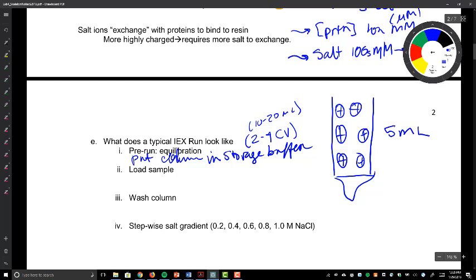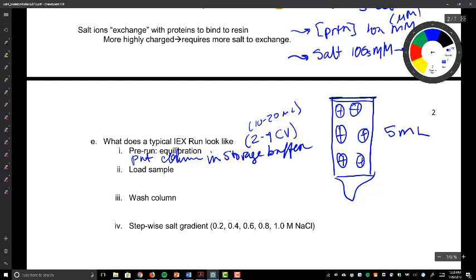At this point, you also have to make sure when you're washing the column that the buffer level is always a little bit above the resin, because if you allow the resin to dry out, that will affect the quality of your results and it'll lower your yield, which we don't want.